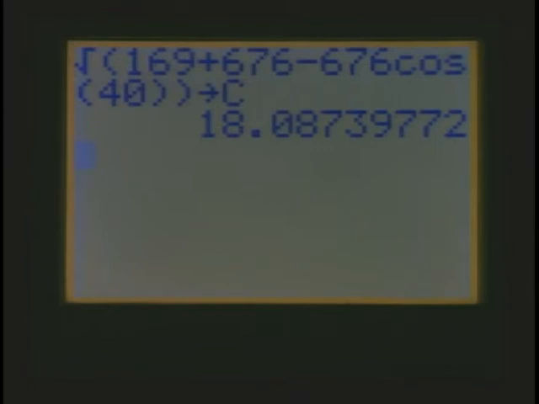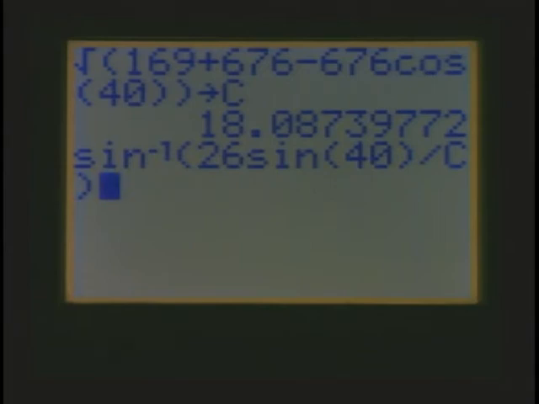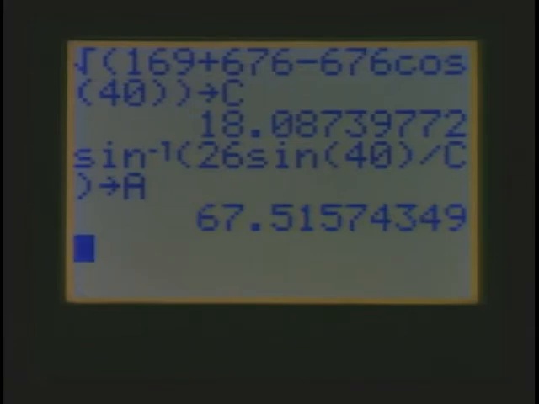Then I'm going to punch inverse sine of 26 times the sine of 40 degrees, and I'm going to divide that by alpha C. And I'm going to store that in memory cell alpha A. There's that angle. And then I'm going to find angle B by taking 180 and subtracting from it the sum of 40 degrees and angle A. See how I use the memory cells of the calculator? I'm going to store this in alpha B.